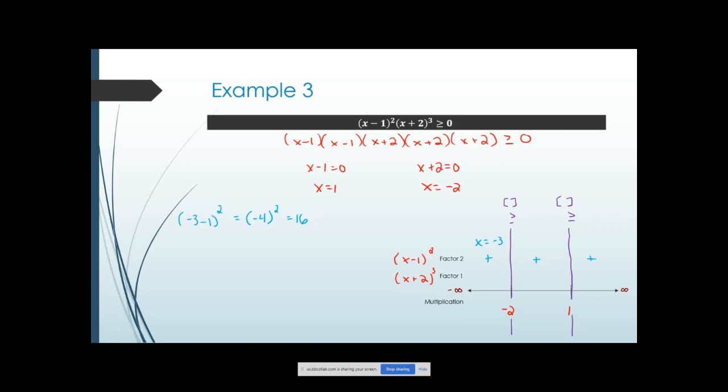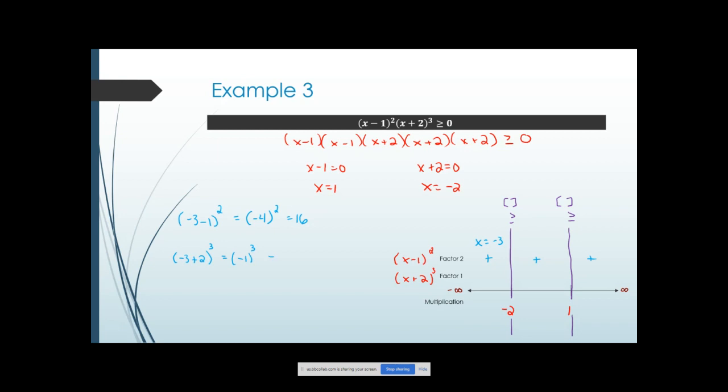So now we want to plug in numbers into x plus 2 cubed. So I'm going to stick with the -3 first. So -3 plus 2 cubed. So -3 plus 2 is -1. -1 cubed. We don't care what the number is. If you have an odd power, if it's negative inside, your answer is negative. If it's positive inside, your answer is positive.